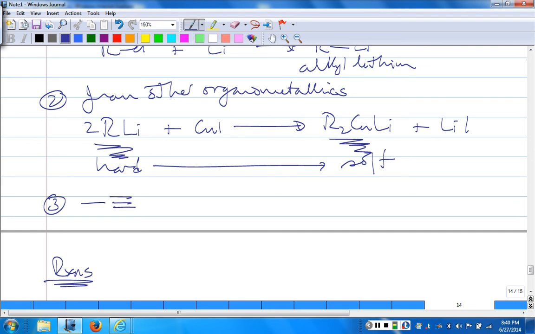So if I had a terminal alkyne and I treated it, for example, with sodium NH2, I would lose ammonia and I would end up making the corresponding acetylide, right? And I'd lose ammonia gas. So this is actually technically an organometallic as well. Okay? So I'll just put that in.